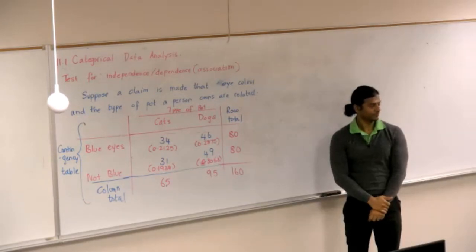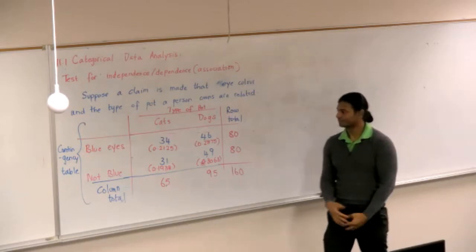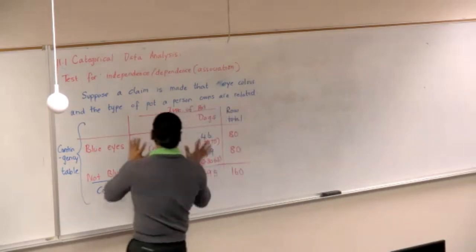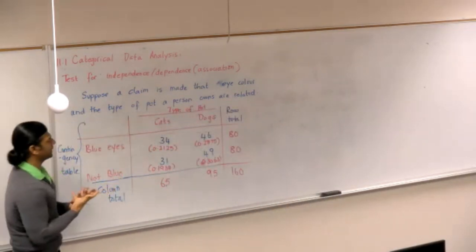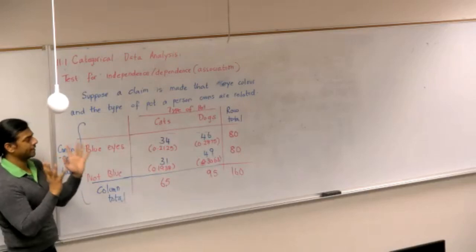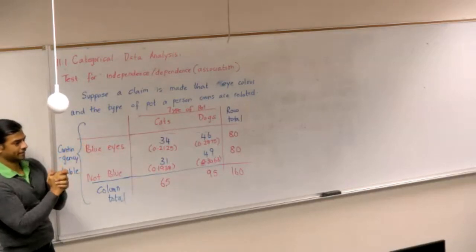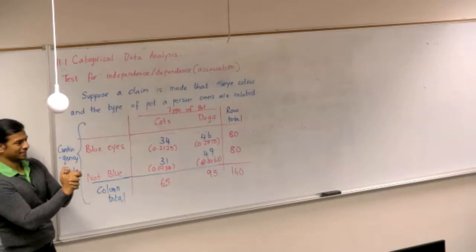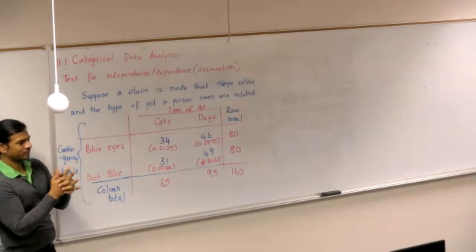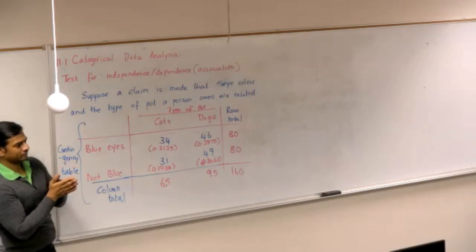You say no, but why not? Because the numbers are so close together. Looking at cats, the numbers for blue eyes and not blue eyes are so close together, and similar for dogs.